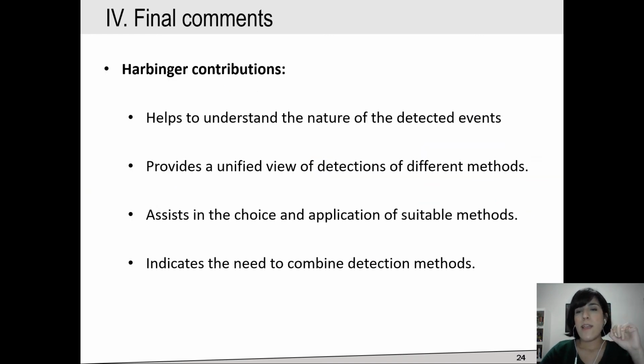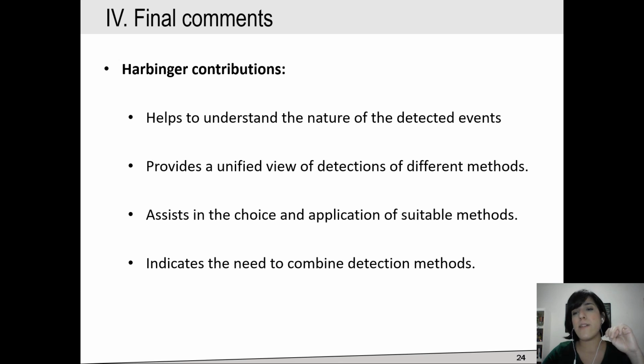Well, now we can make some final remarks. So we presented Harbinger, a framework for the integration and analysis of event detection methods. It was evaluated based on 3 data sets of synthetic and real data.